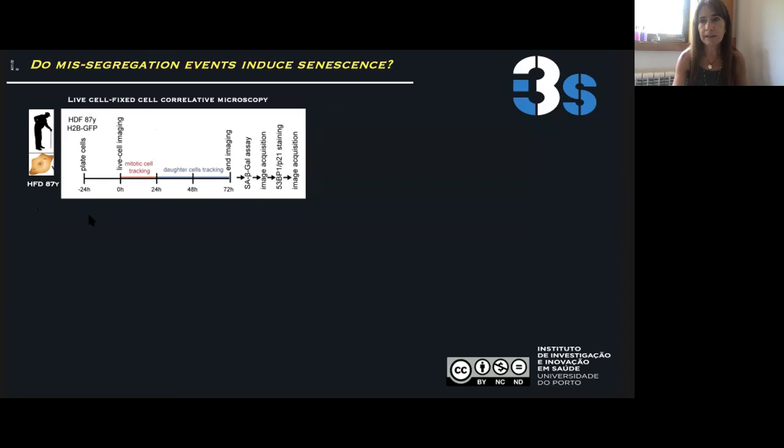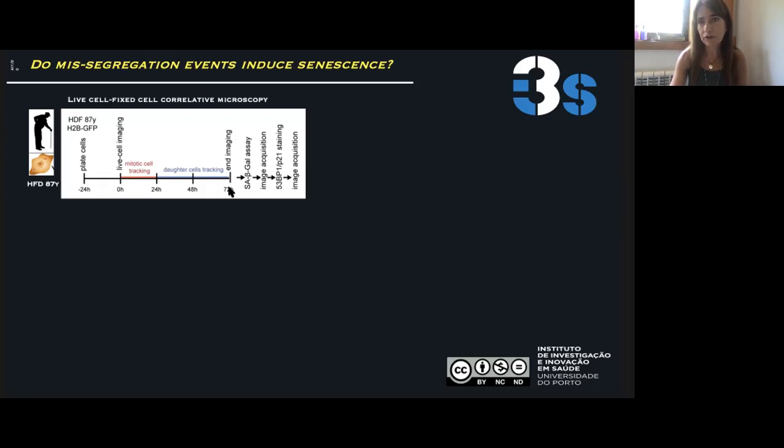We use a plate with coordinates so that at the end of the movie, we can fix the plate and identify the cells that are daughter cells from cells that divided during the first day. Basically, we record the cells for 3 days.